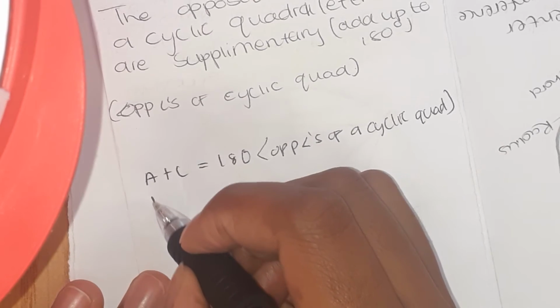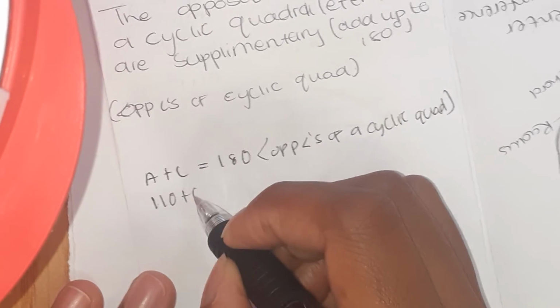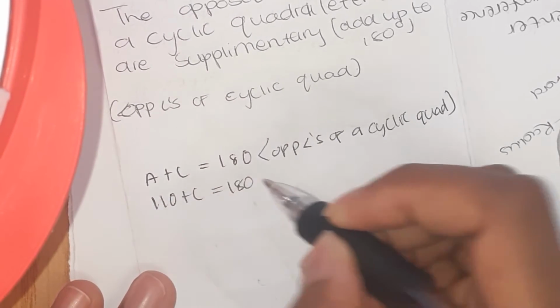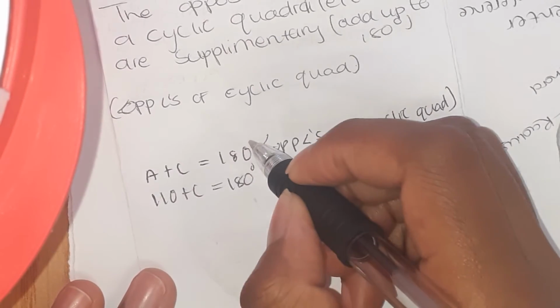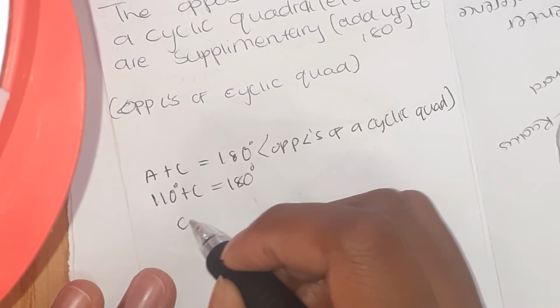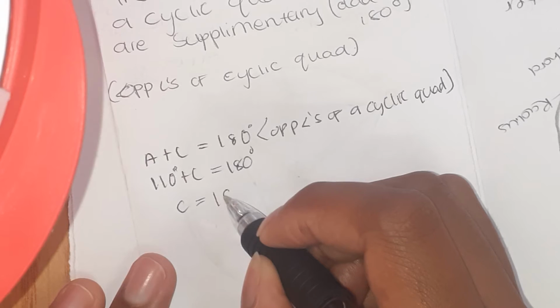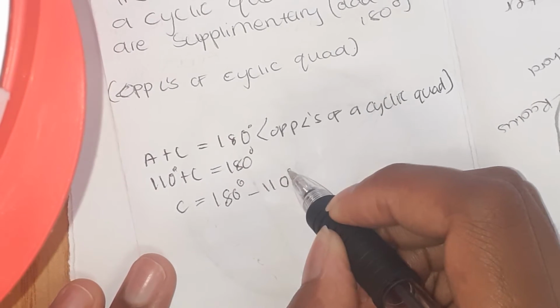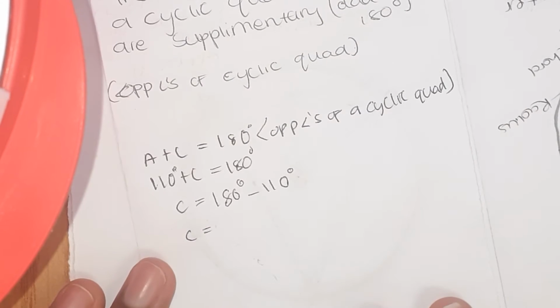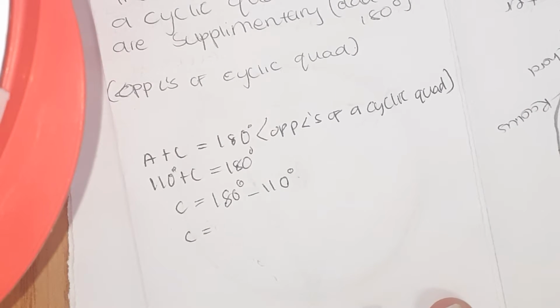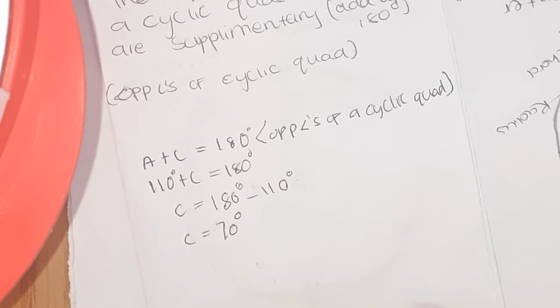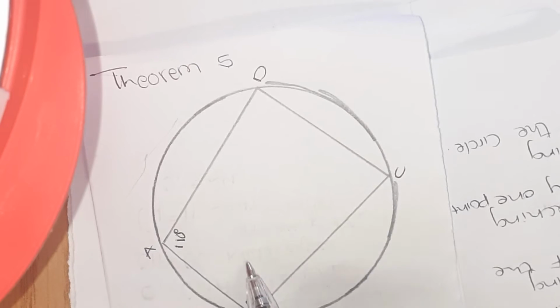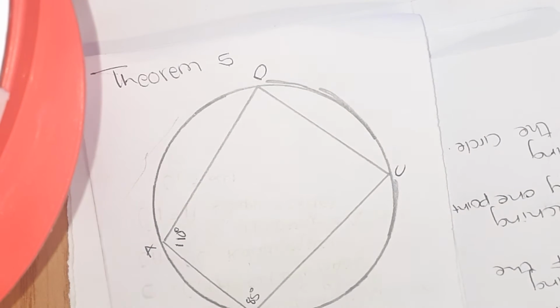So A is 110 plus C equals 180 degrees, so C equals 180 degrees minus 110, and then C equals 70 degrees. So you will just do the same for this one and this one.